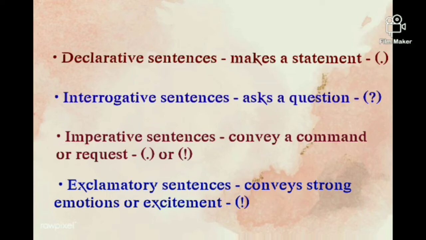An interrogative sentence is a sentence that asks a question and ends with a question mark. Imperative sentences convey a command or request and end with a period or an exclamation mark depending upon how forcefully you use any sentence. And last, exclamatory sentences convey strong emotions or excitement.